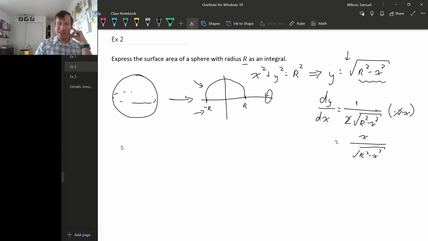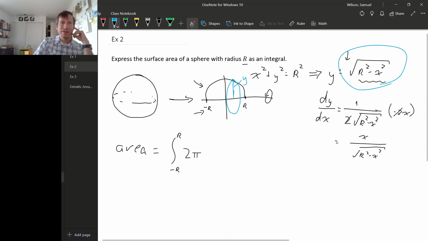So the area is the integral from minus r to plus r, 2 times pi times the radius, and right, when we have a bit of arc length here, it's going around this way, and so the radius is y, and y is right here in terms of x.